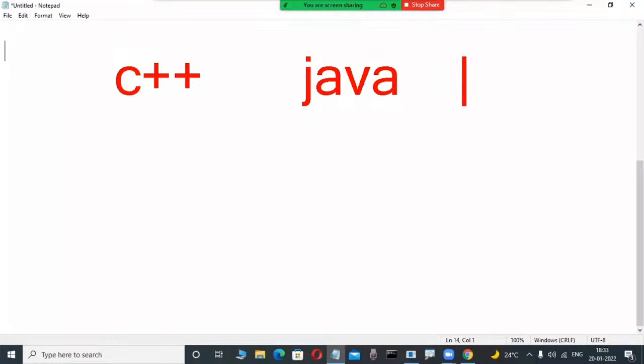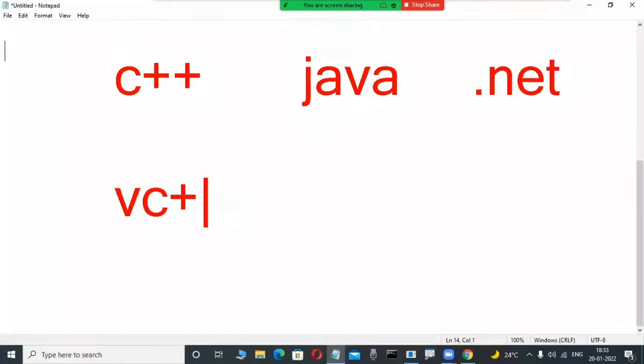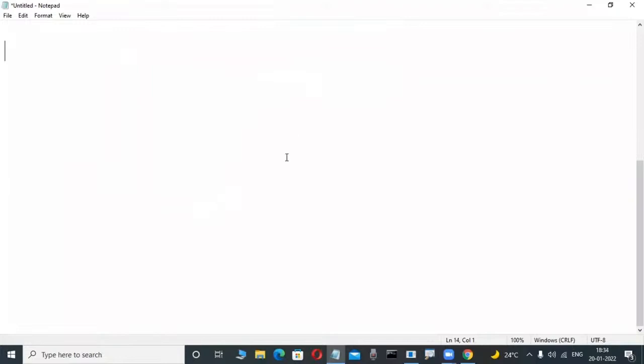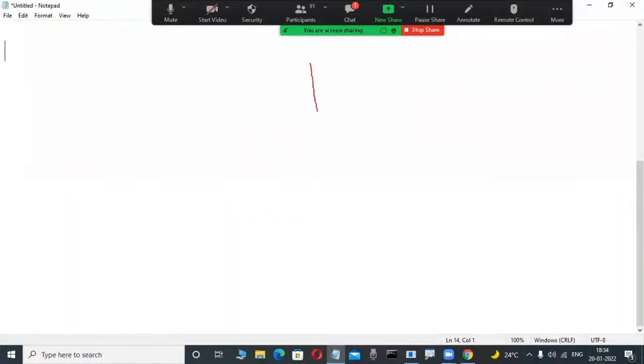C# .NET is an object-oriented language. VC++ is an object-oriented language. That's why so many object-oriented languages are there. Suppose two languages today I'm taking as example. Through that one, same concepts are there, and through similar concepts we are observing whether these all SQLs are different or same.